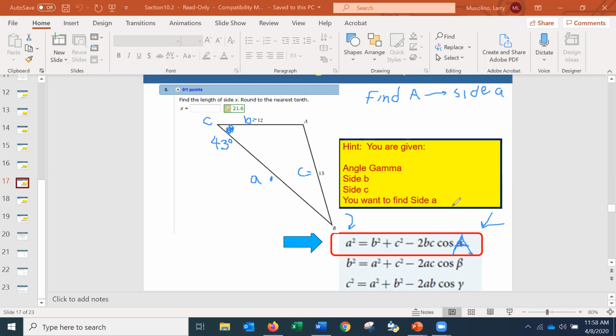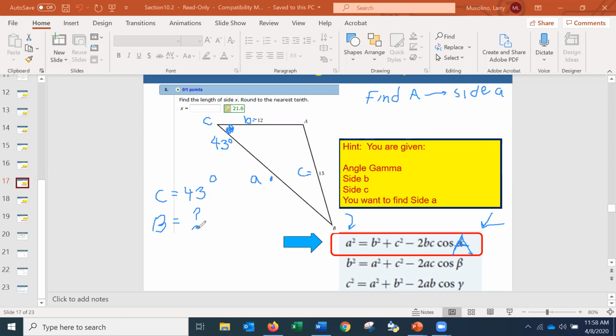We still got to find it. I do know angle C. Angle C is given as 43 degrees in your example. So if I could find out angle B, that would be good, because if I know angles B and C, then I'll be able to find out angle A, based on the fact that the three angles have to add up to 180 degrees.